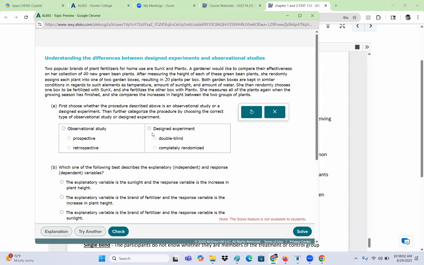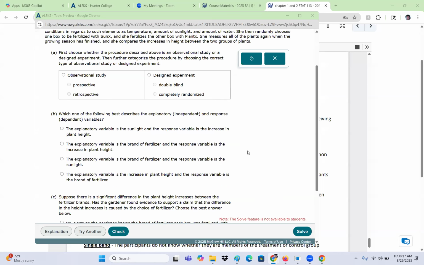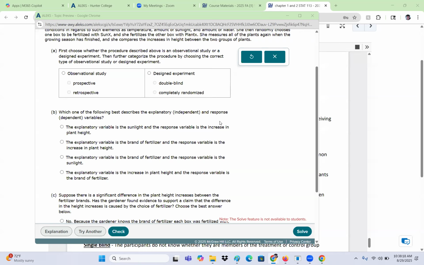It should be complete. This one's correct. Complete randomized design experiments, and then explanatory variables is, let me just put it down here.